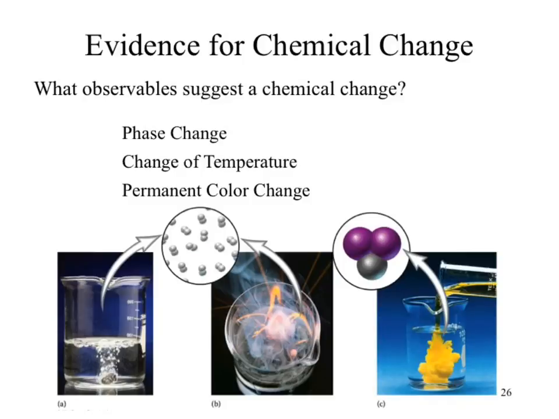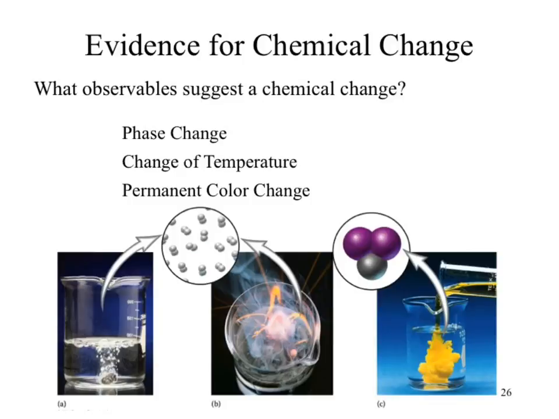Your chemical changes are typically phase changes without heat, and change in temperature without us adding or removing heat. We mix two things and we let it do its own thing. Does the temperature change? And then a permanent color change is the other big one.